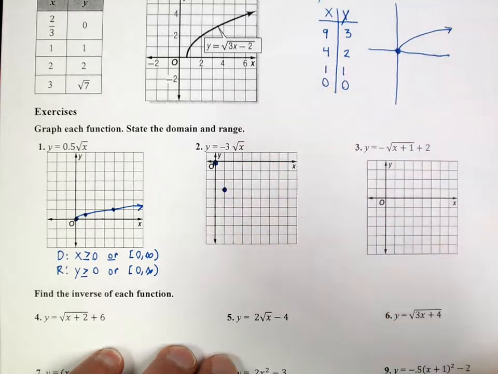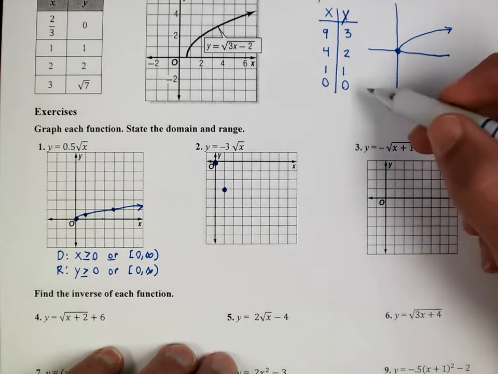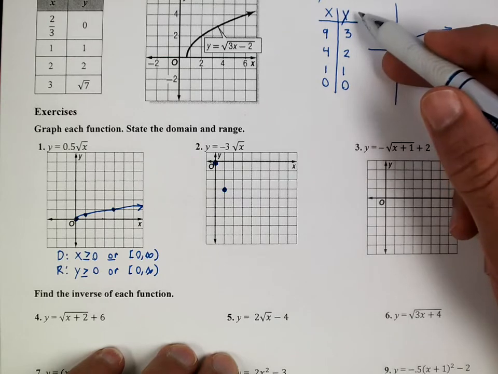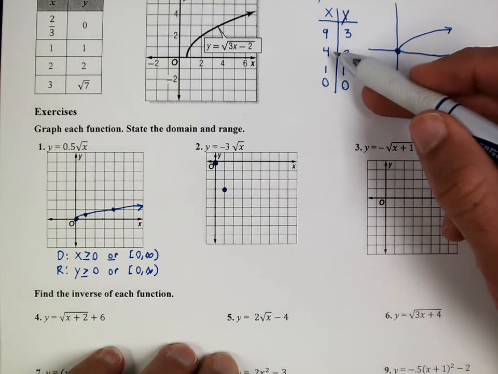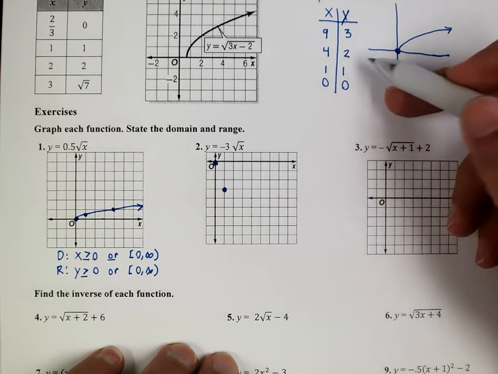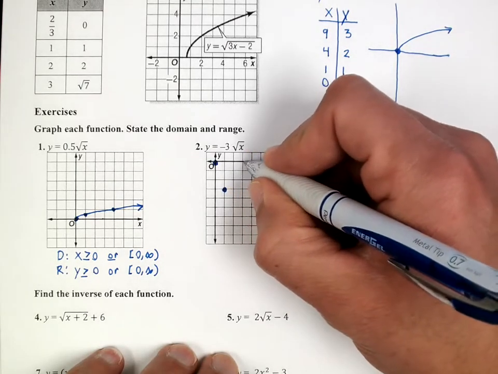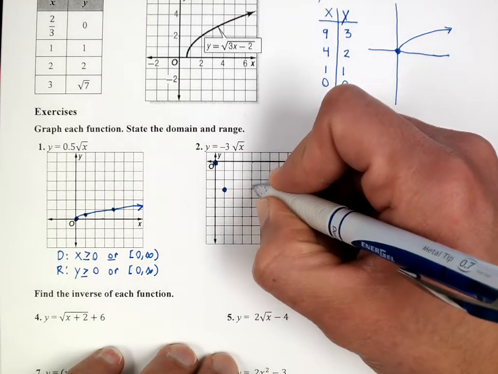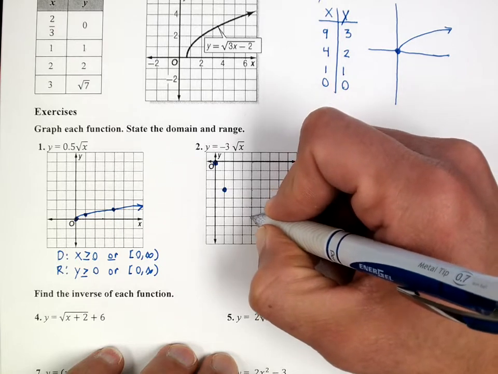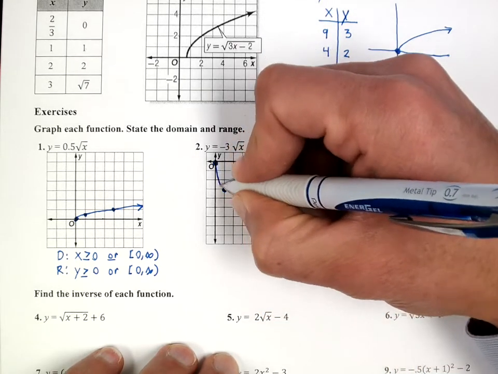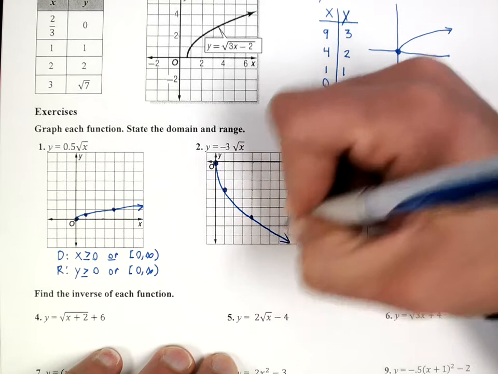And again, the reason I know that is because all I'm doing is multiplying the y coordinates times negative 3. So the next one should be 4 and negative 6. So 1, 2, 3, 4. 1, 2, 3, 4, 5, 6. Negative 6. Alright, so that's what it looks like.